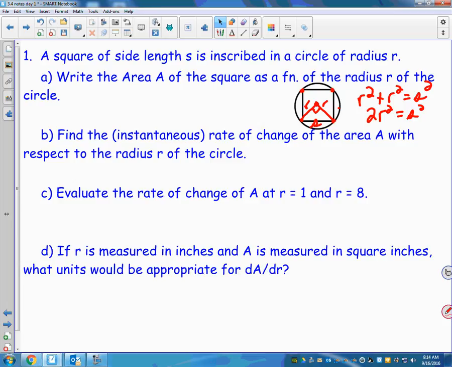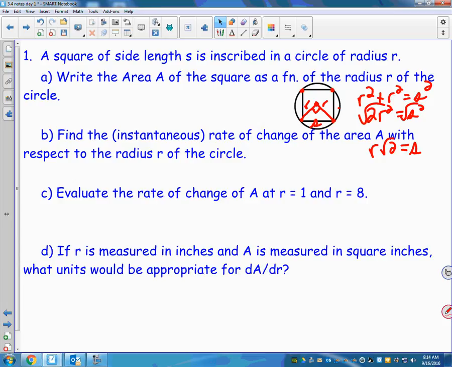Take the square root of that: the hypotenuse would equal r square root of 2. Remember the ratio 1, 1, square root of 2? That's where the square root of 2 over 2 comes from.